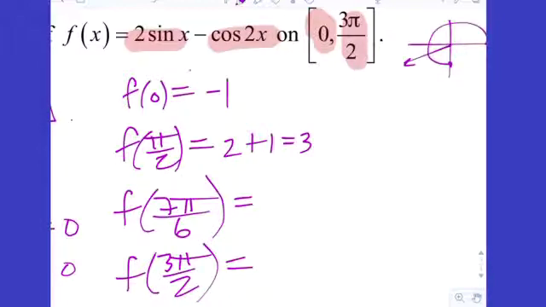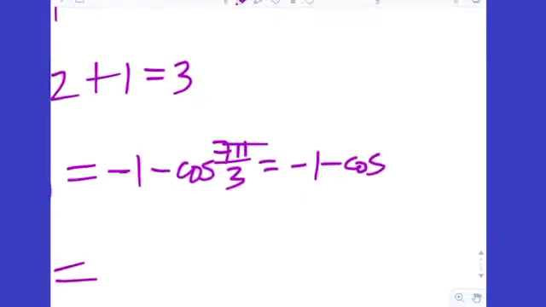7 pi 6. What's sine of 7 pi 6? Negative 1/2 times the 2 is negative 1 for the first term. When you plug in a 7 pi 6 into the cosine of 2x, you double it and you get 7 pi thirds. 7 pi thirds is coterminal with what? Subtract a full rotation.